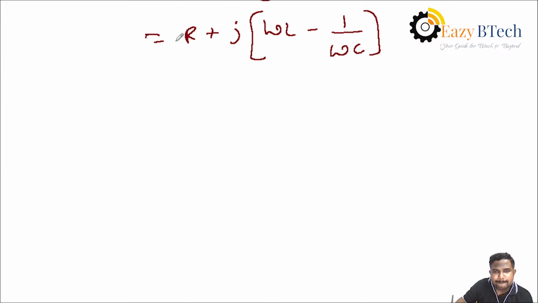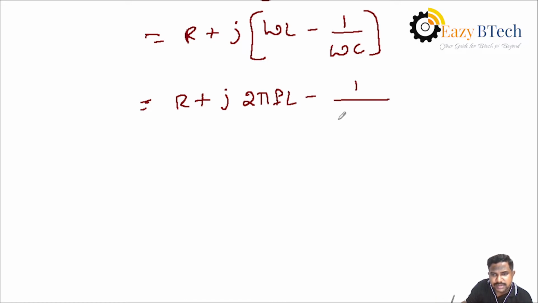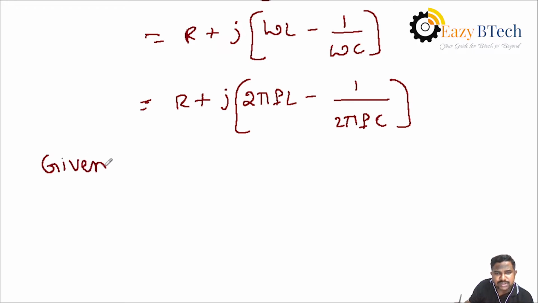Again, from that, what is the value of omega? We know the formula is 2 pi f. Then into L minus, omega value is 2 pi f into C. Then we already know the given values in the problem.